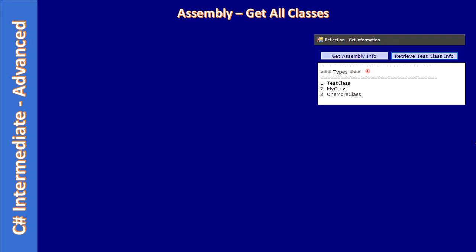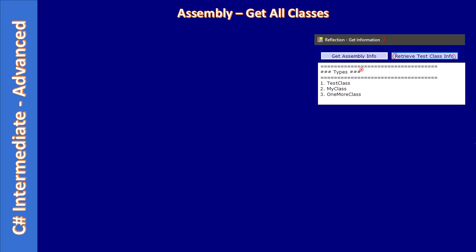So here, if you see, once the user clicks retrieve test class info, here we know that our DLL contains only one class, so we named this button retrieve test class info. But if the assembly contains more than one class, the sample will still work.